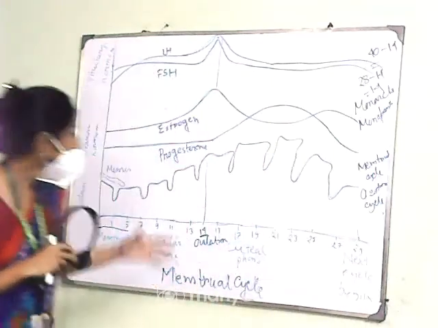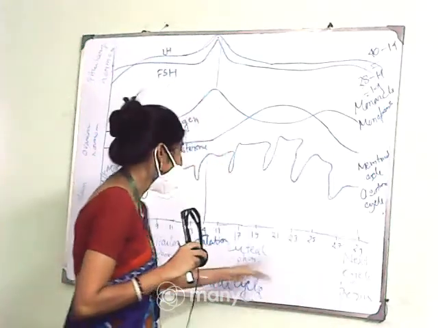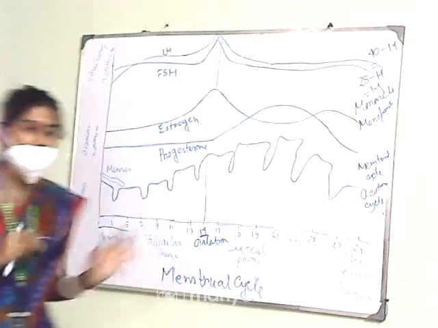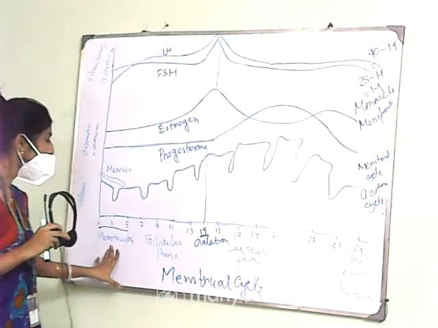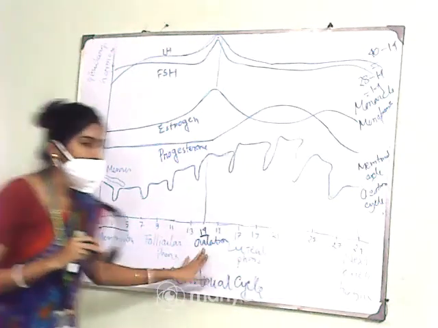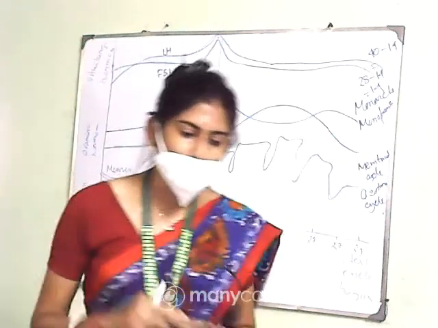As this corpus luteum is playing a role in this phase, it is called the luteal phase. Clear now? So in the menstrual cycle you will get 4 main phases: menstrual phase, follicular phase, ovulatory phase and luteal phase, and these are the different time gaps between those phases.